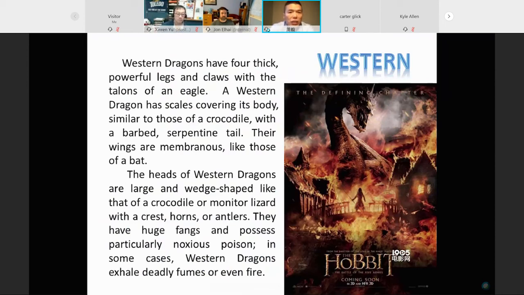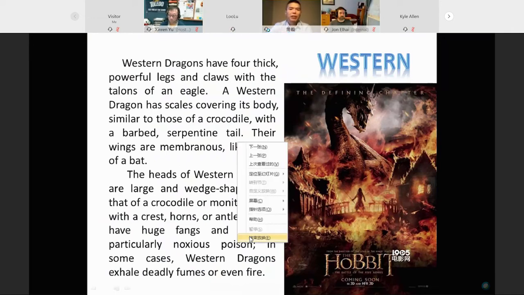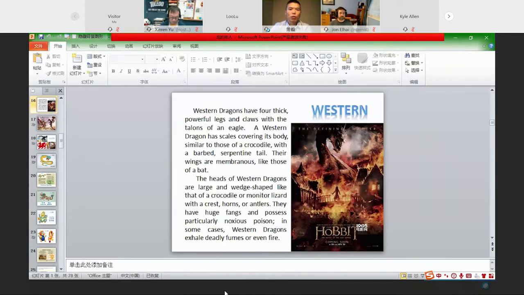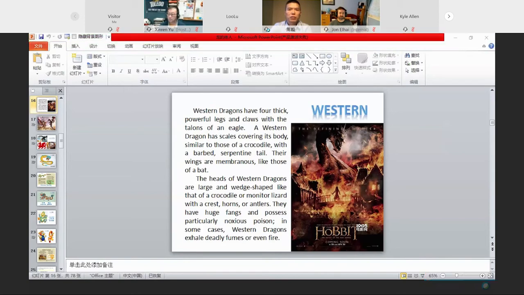So you can see here something about Western dragons, their characters and physical features. Lulu, have you ever seen the movie Hobbit? No, I haven't. Oh, good. Now we are going to watch a short video about the Hobbit. Stop sharing first.